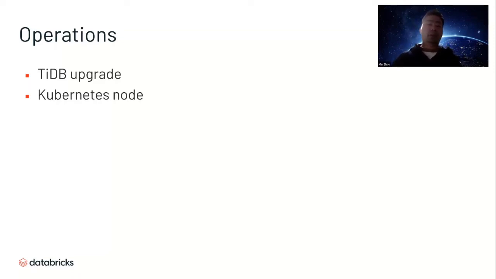The process is we bring up a new node, and then we tend one of the existing nodes and migrate all of the pods into the new node. After the new node is ready and the TiDB component on that node is ready, we start another, and then we terminate the old one. We start a new process. This is the rolling update for Kubernetes nodes.